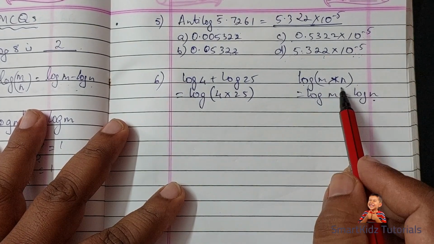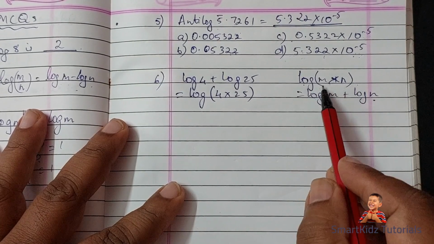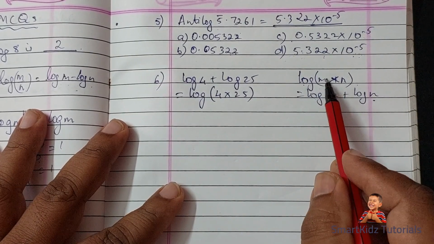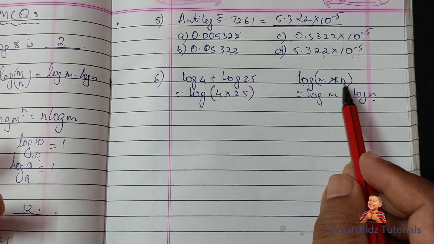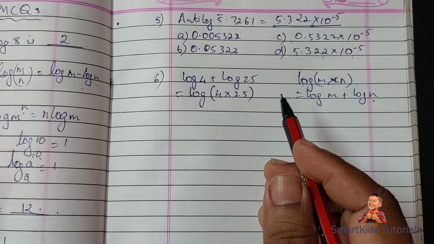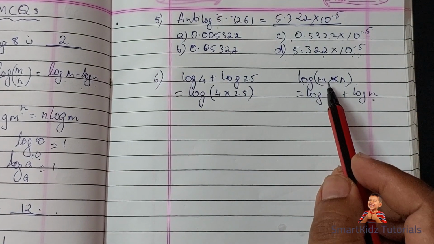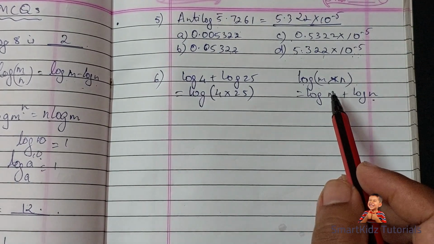See, multiplication goes with addition, and division goes with subtraction. If you want to remember which goes with which, remember that multiplication and addition both increase the number, whereas division and subtraction always look to reduce the number. So they go hand in hand.